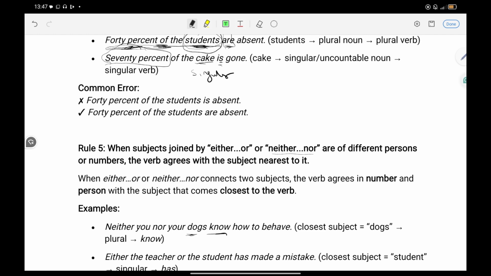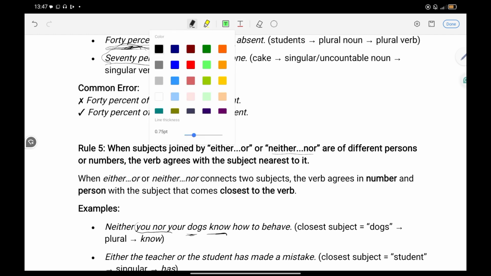It doesn't say that because you have you and your dogs in the same sentence, it should necessarily be plural. It agrees with the number or person of the nearest subject, or the nearest noun to it.